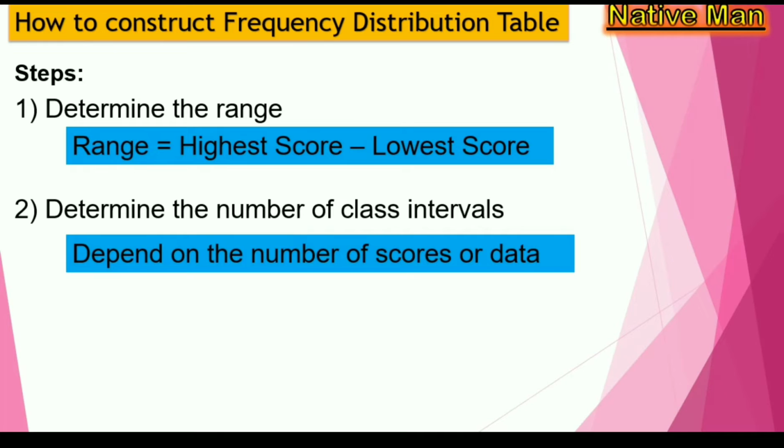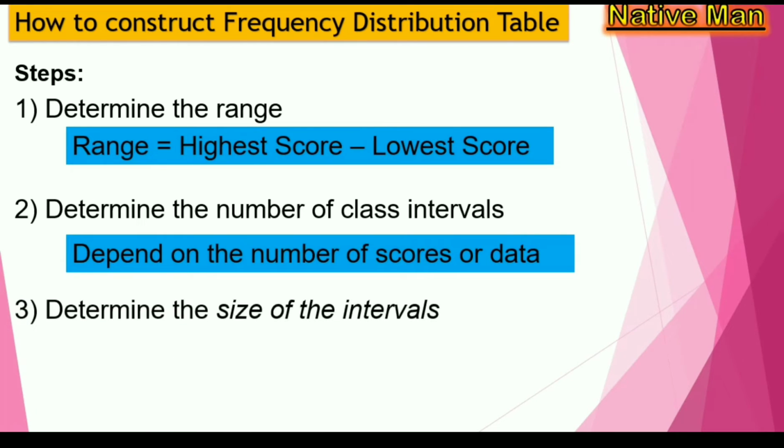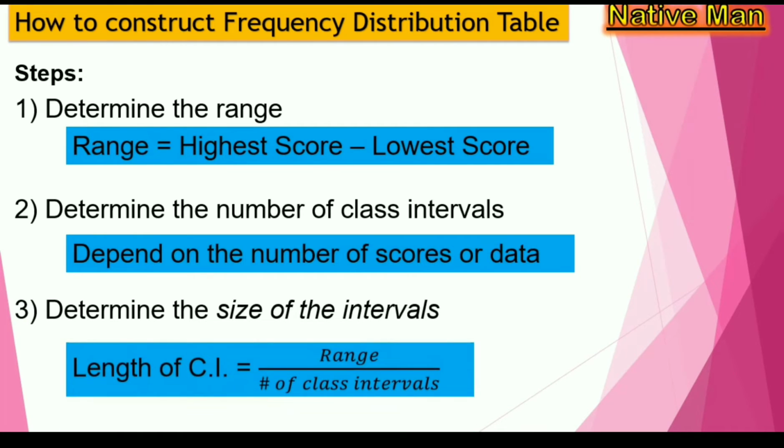Meaning to say, the class intervals depend on the size or amount of scores or data. Number 3 is determine the size of intervals. The length of class interval equals range over number of class intervals.